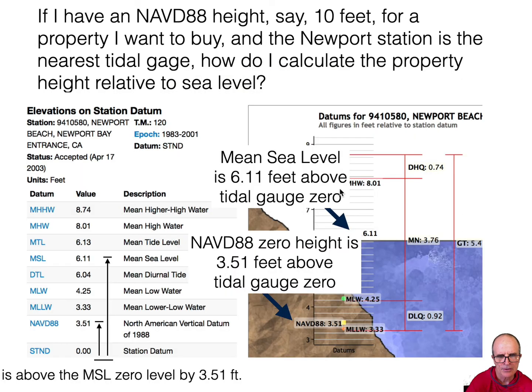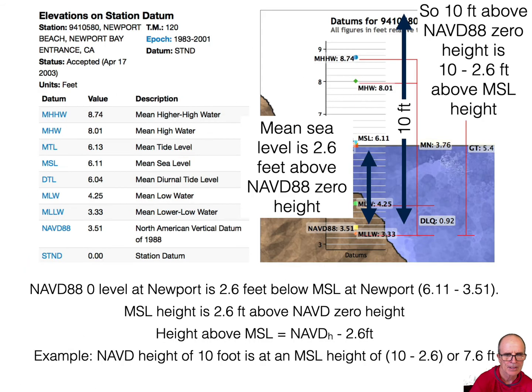For a different gauge, I'm going to get a different value, right? So this is a different gauge. The mean sea level is 6.11 above its local datum, and the NAVD 88 is 3.5 above the local datum. So it's 6.1 minus 3.5. That gives us the offset, right, in that particular location. So we always have to go and look at these various offsets and use them in our calculations.